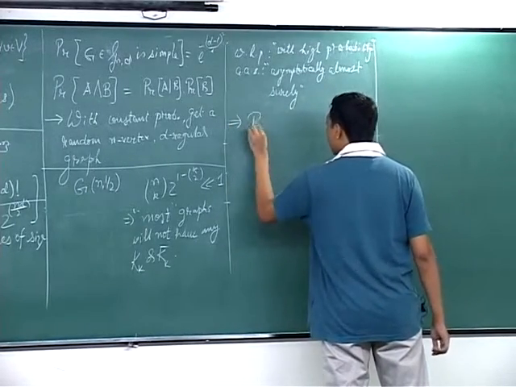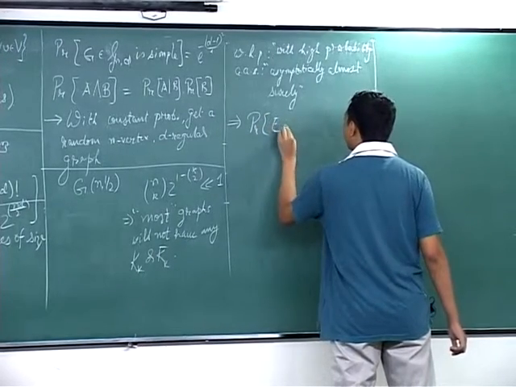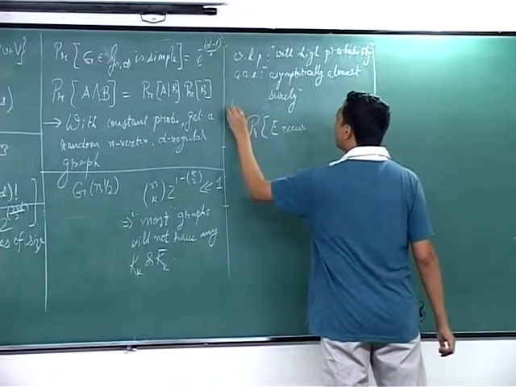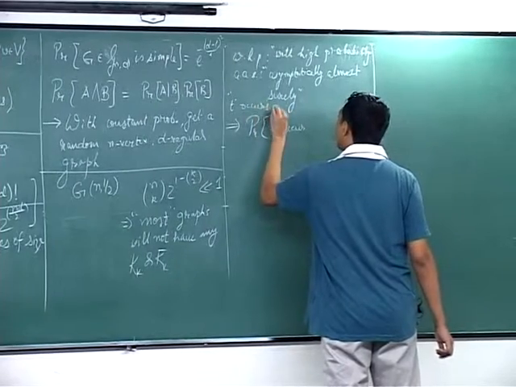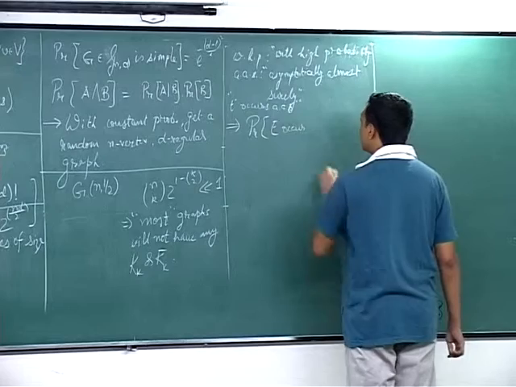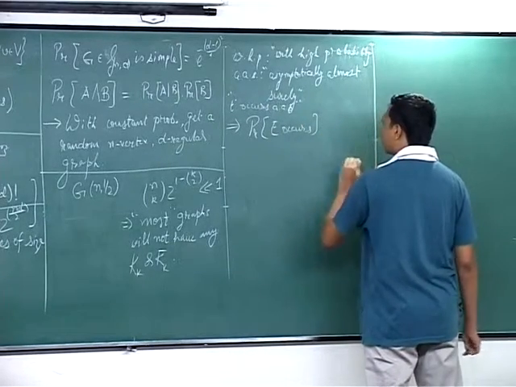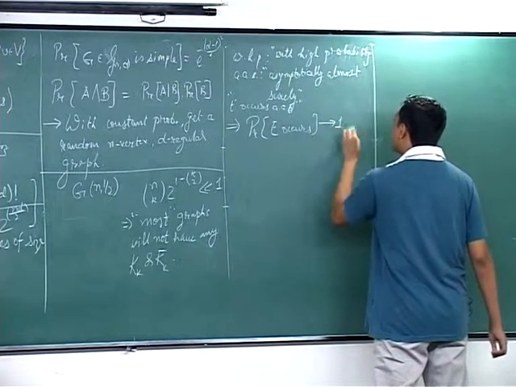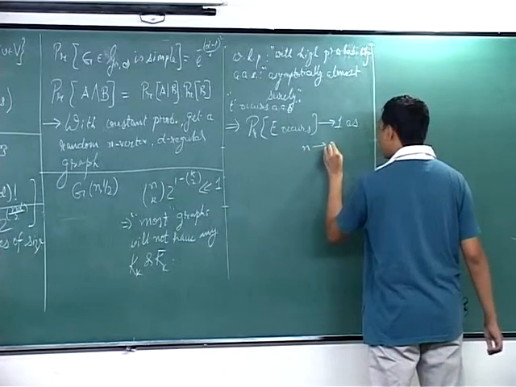It means that the probability that some event E occurs, I say E occurs a.a.s., tends to 1 as n tends to infinity.